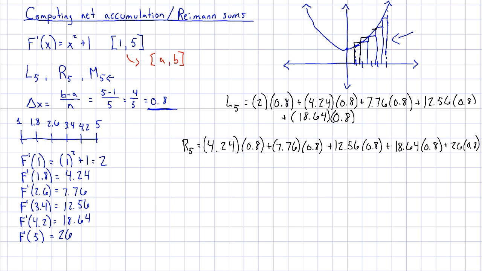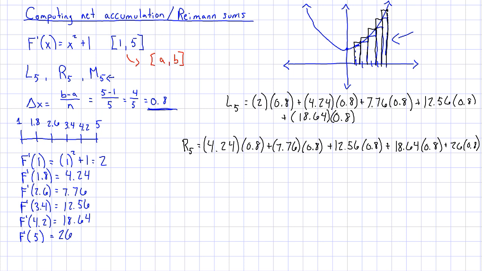So it's similar. It just depends on where we're taking our height, which is the y value, the function value for a particular x term. So that is the left and right hand side.